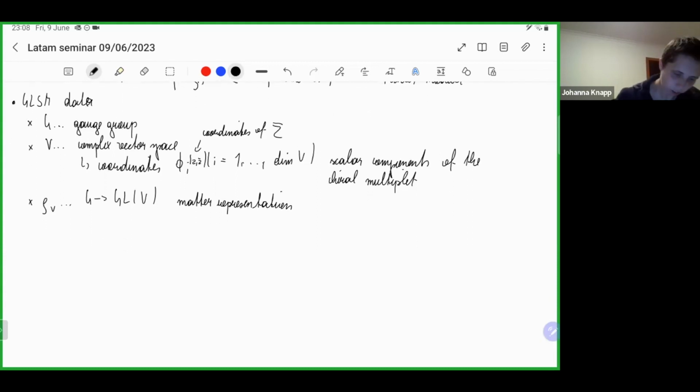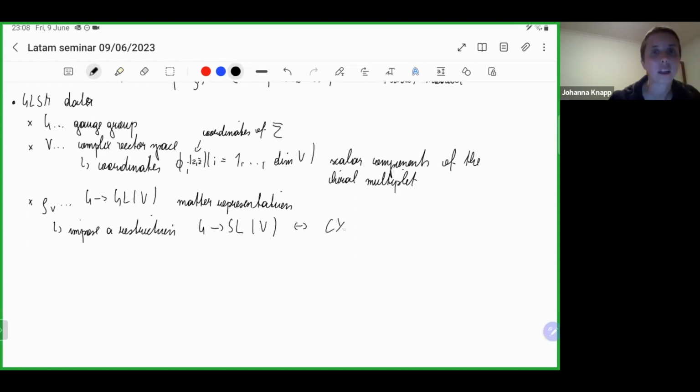So this is a representation, and actually I will introduce now my first constraint. So impose a restriction on this representation. And we just say that it's not the most general linear transformations on our vector space, but it's actually special linear, so determinant one transformations of this vector space. And this is actually highly non-trivially related to the Calabi-Yau condition.